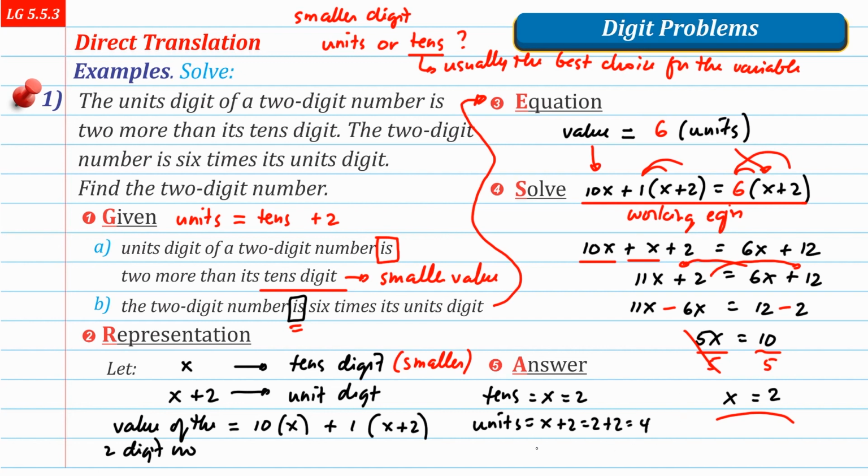Therefore, ang number natin is 24. Okay. Ang hirap, pero tatandaan ninyo, medyo mahirap na tong part na ito, pero you can solve by directly translating. Okay? May tanong pa po ba tayo?